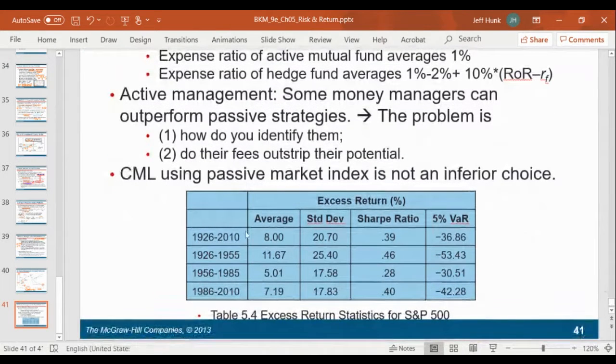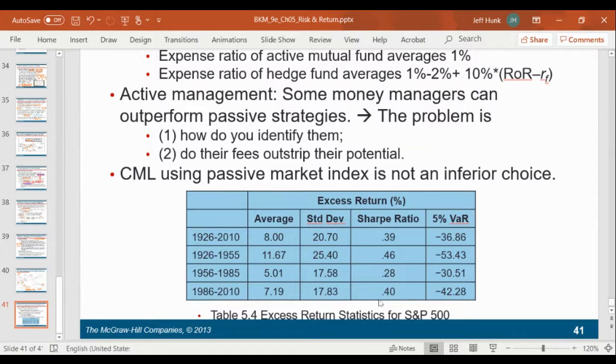So let's take a look at a passive strategy using the CML, capital market line. Three sub periods, and the entire 85 years. Excess return on average was 7.19.